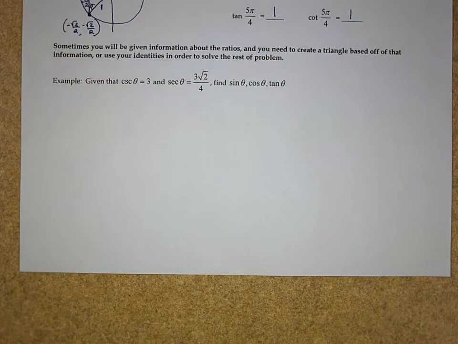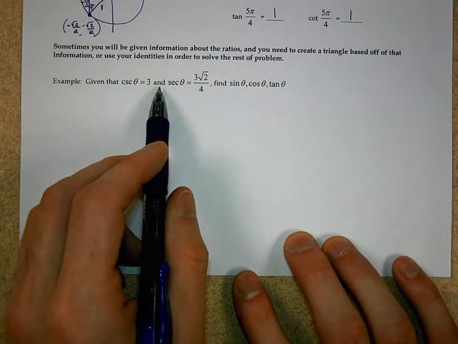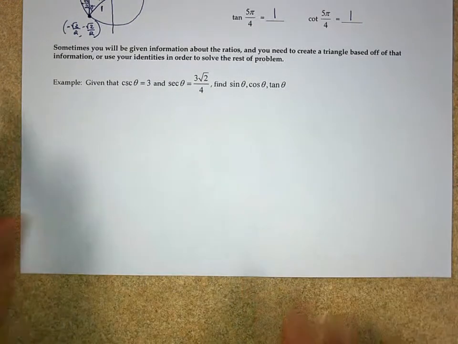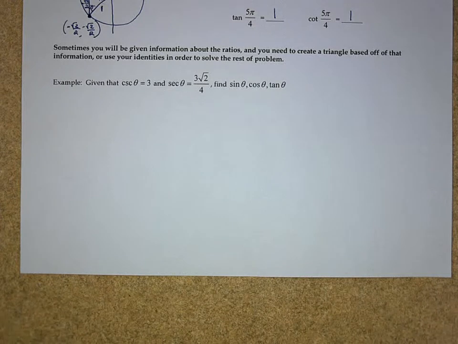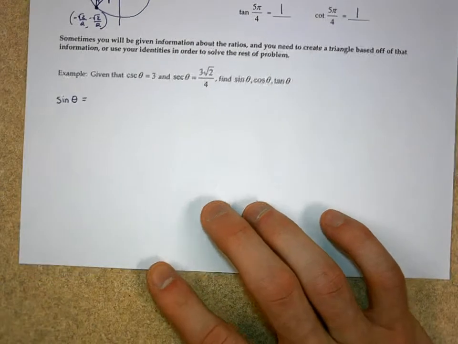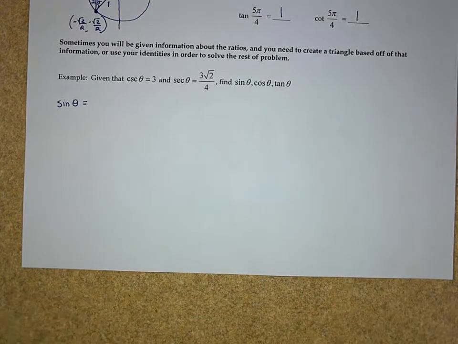So here, given the fact that the cosecant of theta is equal to 3 and the secant of theta is 3 square root of 2 over 4, we want to find sine, cosine, and tangent. So let's start with sine of theta. We know that the sine of theta is the same thing as y, but I don't see any y right there. So I've got to use another relationship that I see on that identity chart.